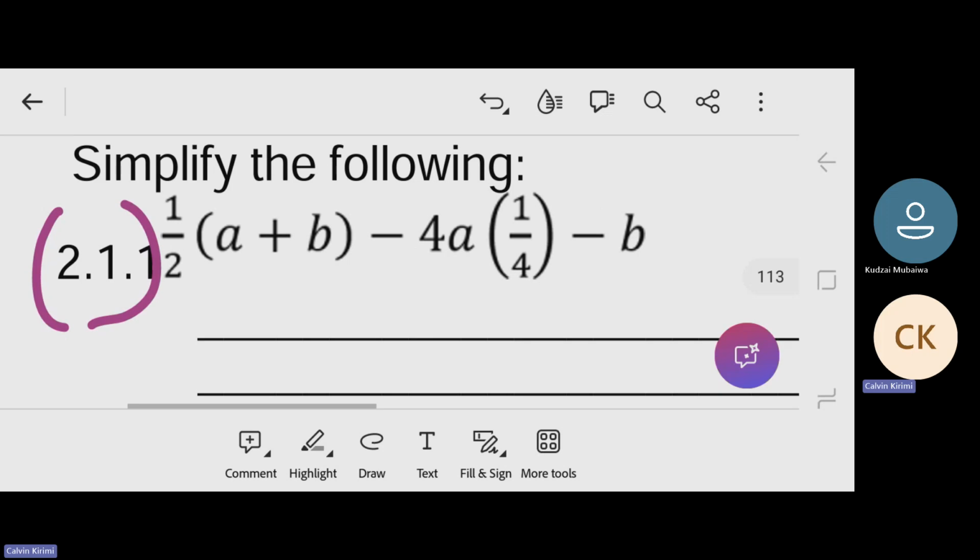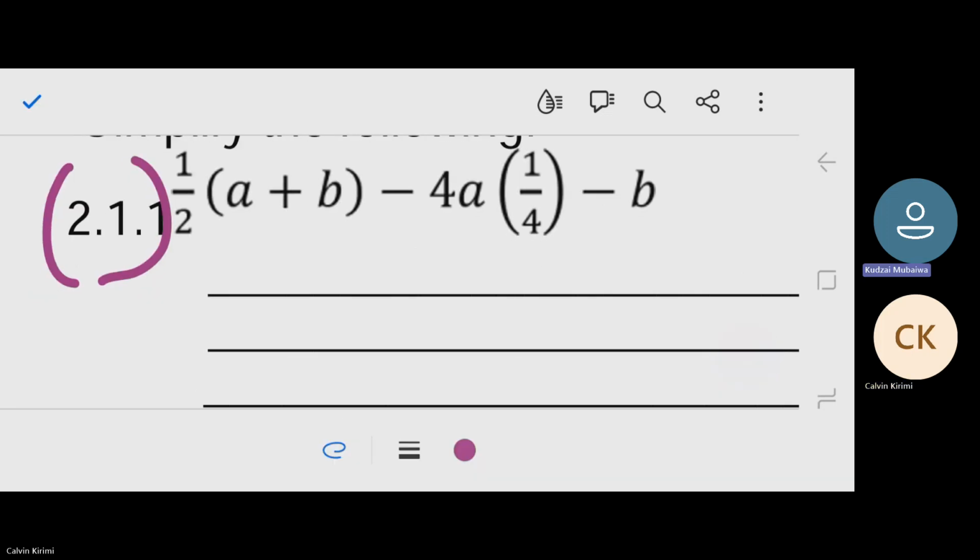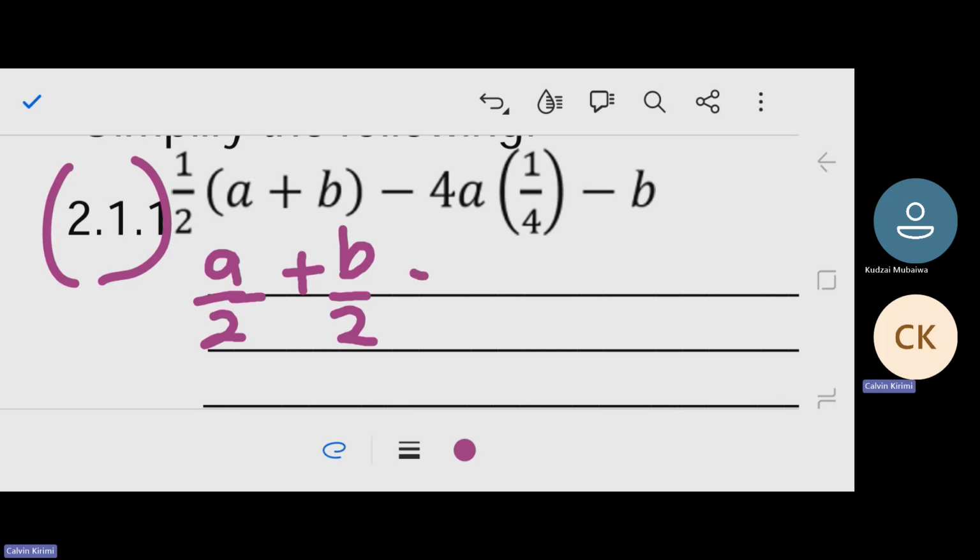Half times A, you get half A, which is just A over 2. Half times B is just B over 2. Then minus 4 times A, minus 4A times 1 over 4, just minus 4A over 4. Can you see?